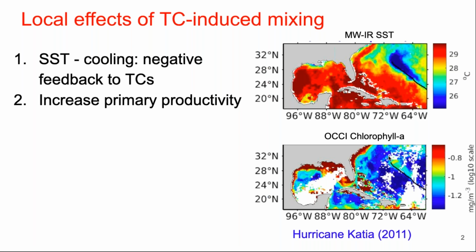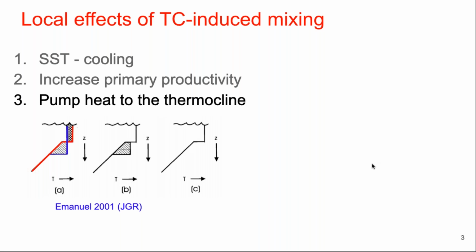Another local effect of TC-induced mixing is through heat. Emmanuel was the first to propose this. The red profile here is the pre-storm temperature profile, and the blue one is the post-storm temperature profile. In the pre-storm profile, the mixed layer is shallow and the temperature is higher.